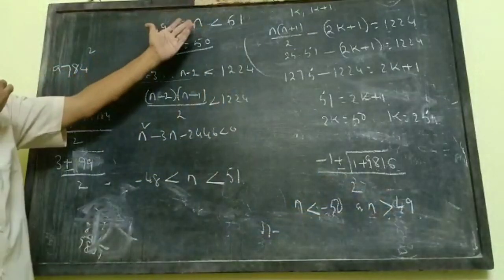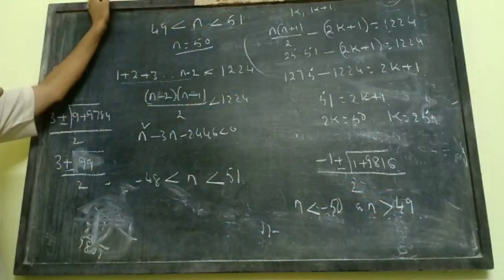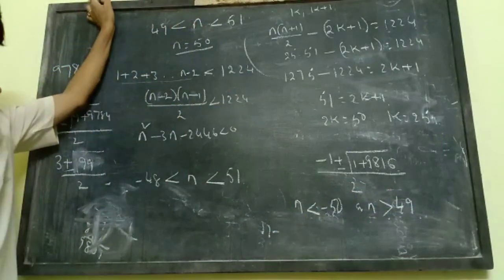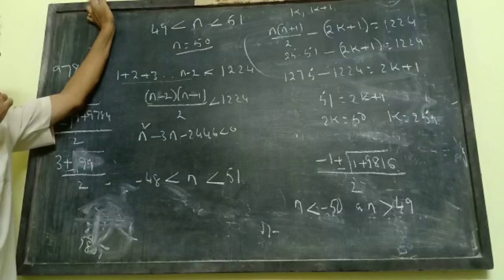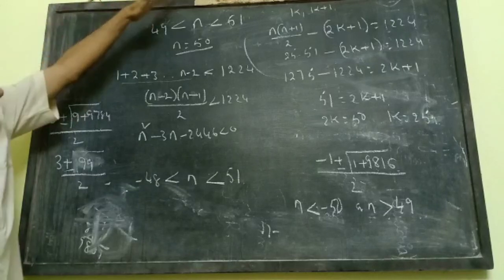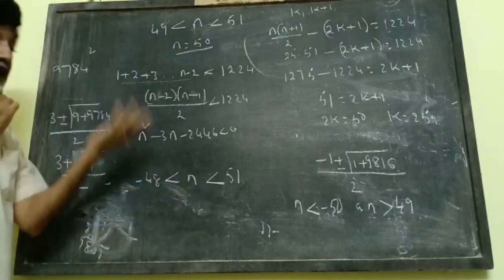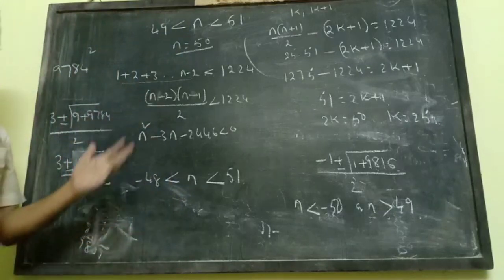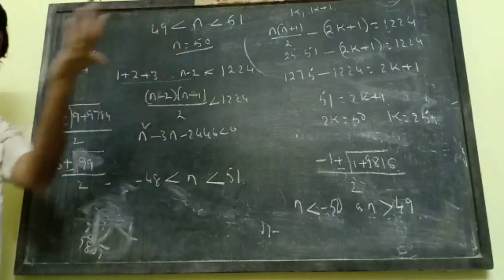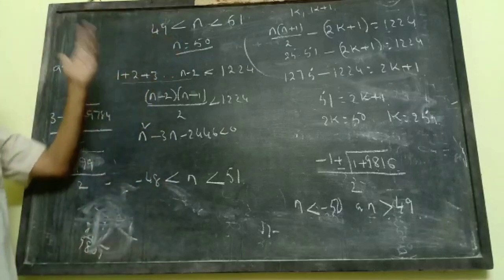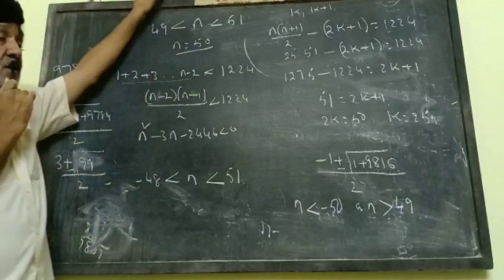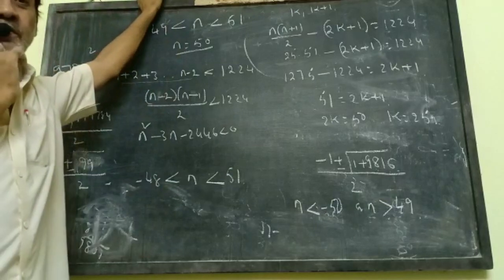Then immediately, the only integer which lies between 49 and 51 is 50. So had it been, let us say, 48 and 51, then you would have to take some more inspection. I mean n equal to 48 or 49 is one case, n equal to 50 is one case, like that you would have to consider various cases. But fortunately here you got only one integer between 49 and 51.